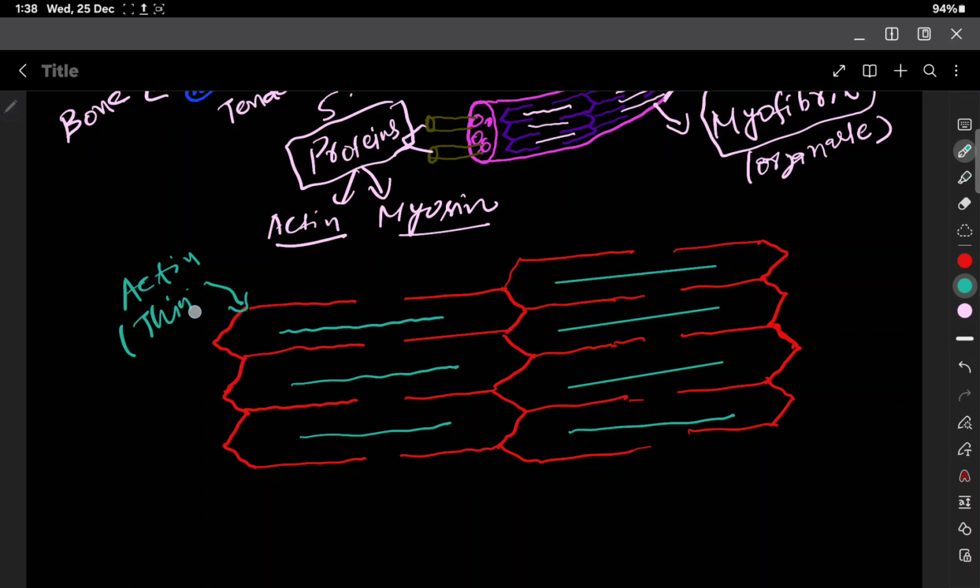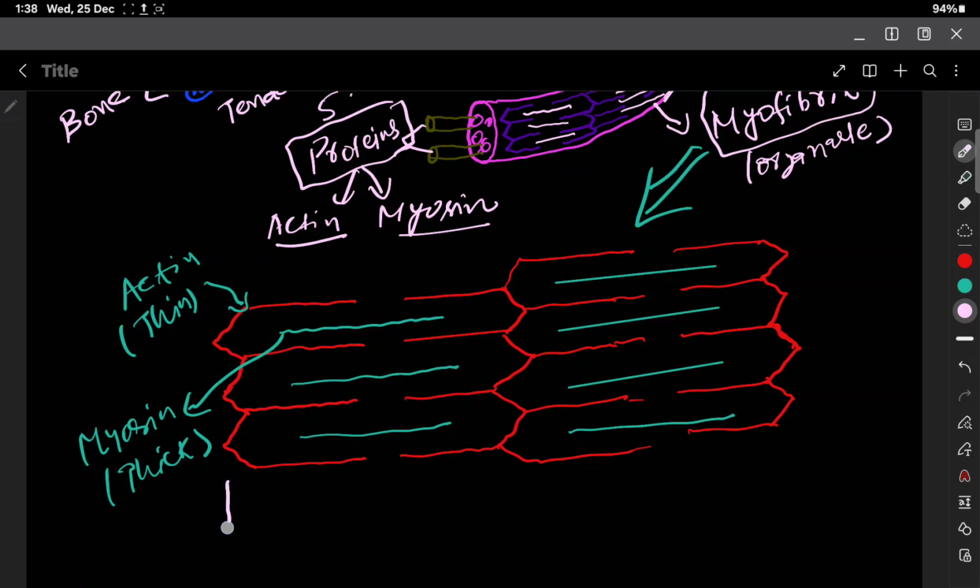Actin is thin, whereas myosin is thick. So there are thin and thick filaments, and all of this is present inside the myofibril. I have drawn it here also. These units are called the sarcomeres, and I will draw them here.